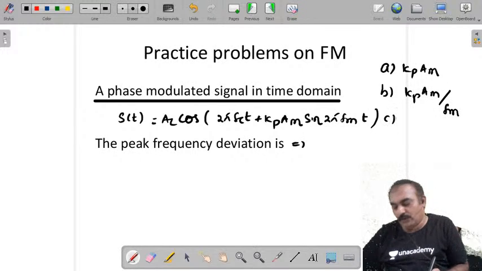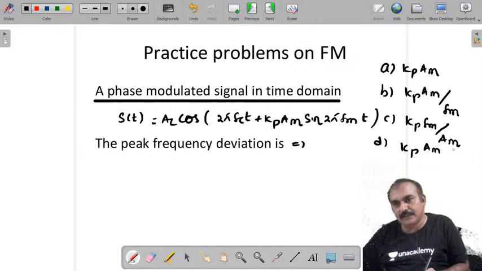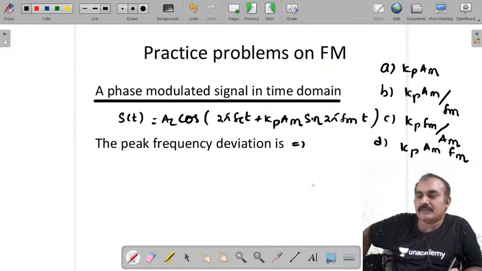Option C, Kp into fm by Am. Option D, Kp into Am into fm.